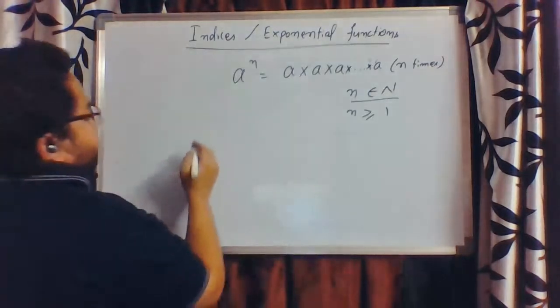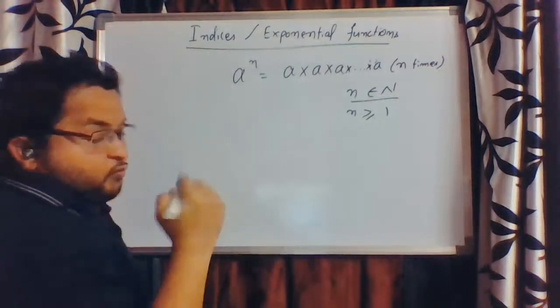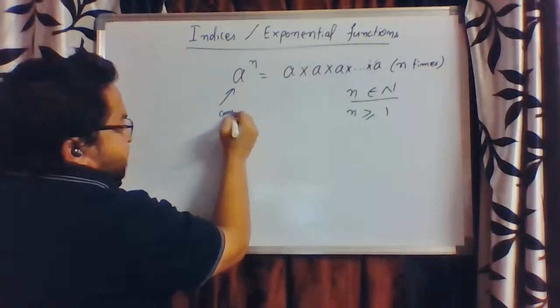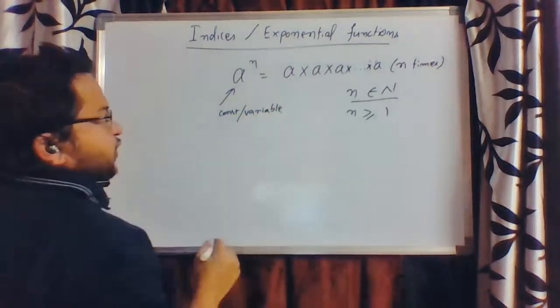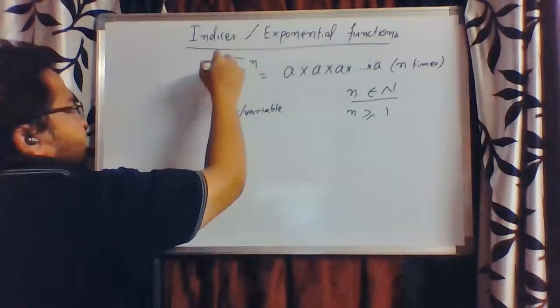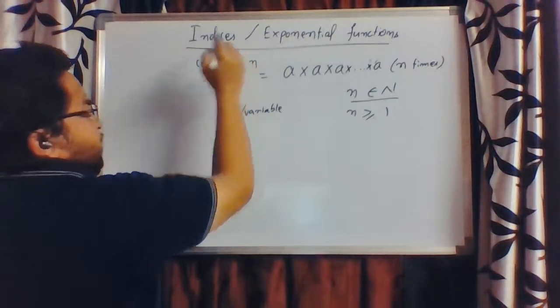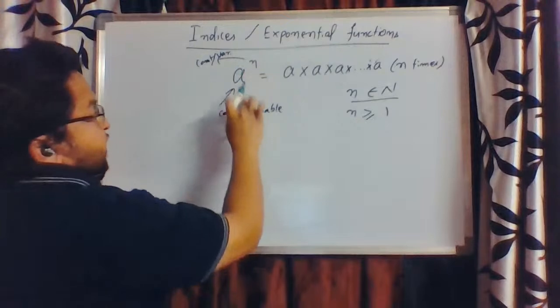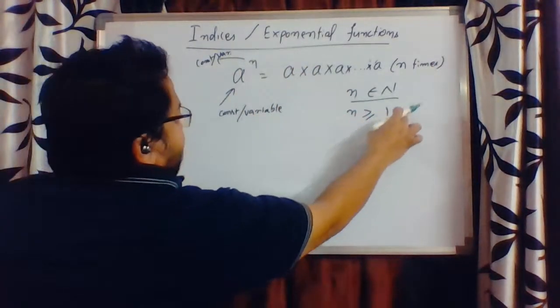One more thing: this a can be a constant or a variable, there is no restriction on that. Similarly, n can also be a constant or a variable based on the given problem. Yes, there is one restriction, that this n should ideally be greater than or equal to 1.